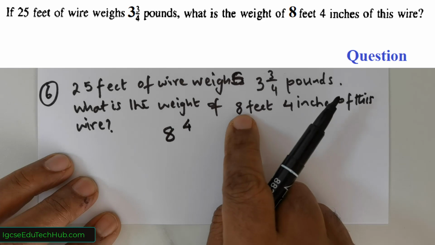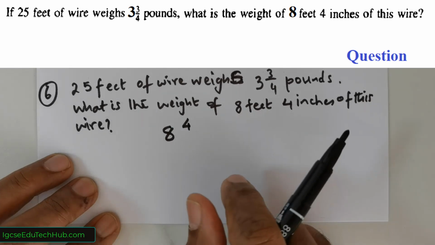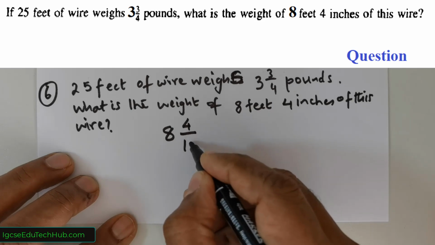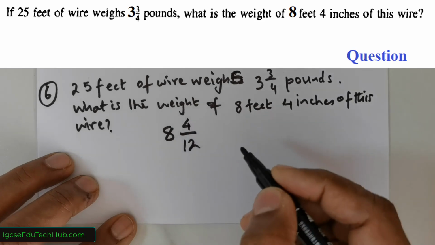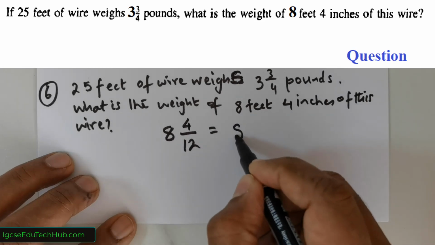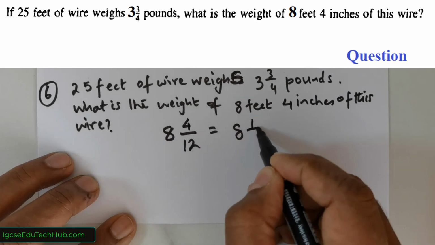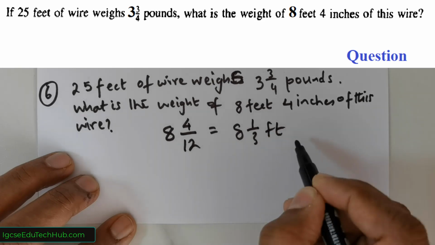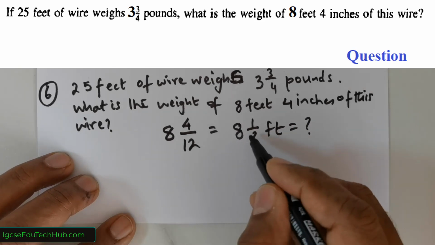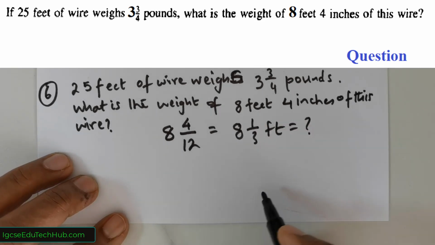Now this is in feet, this is in inches, so convert it into feet. For that, just divide the inches by 12, because 1 foot is equal to 12 inches. So 4 divides here 3 times, so 1 over 3 feet. So we need to know the weight of 8 and 1 over 3 feet of wire.